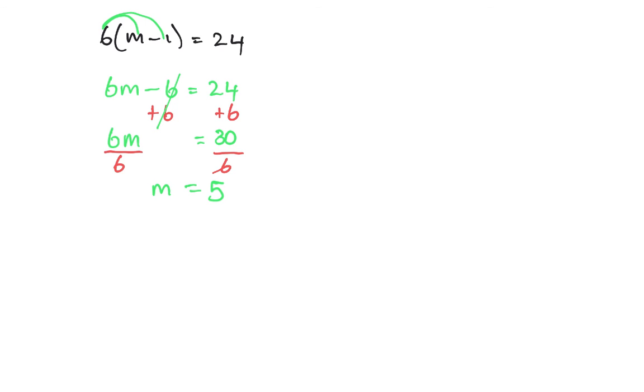And the last question we'll do is 2 brackets 3x plus 2 equals 16. So expanding the brackets, 2 times 3x plus 2 times 2 equals 16.